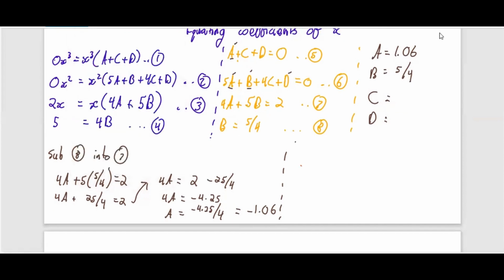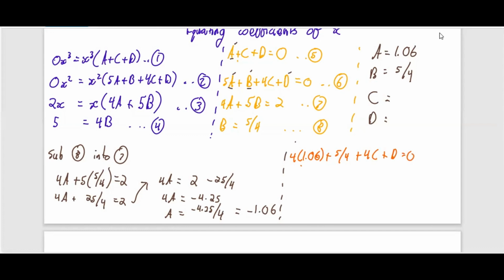So if you plug A and B into this one, so 4 by 1.06 plus C, no, yes, B is 5 on 4. Plus 4C plus D is equal to 0.